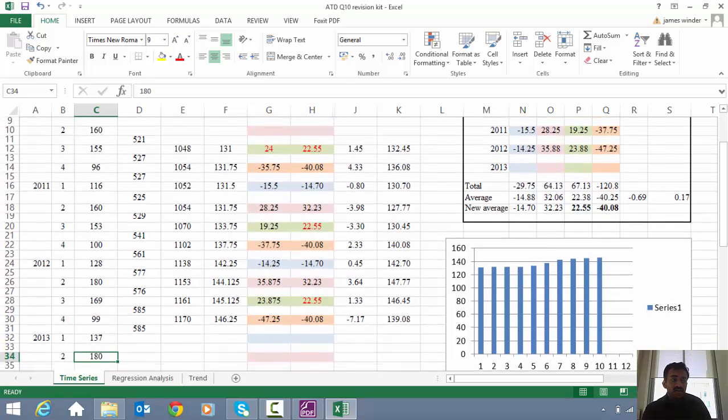Now, there have been questions in the past as well, such as a question in the pilot paper of 2011, Cool Freeze, which you could probably go and have a look at as well.